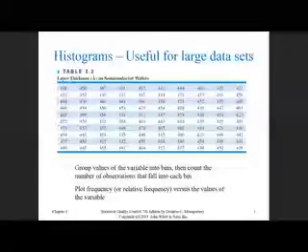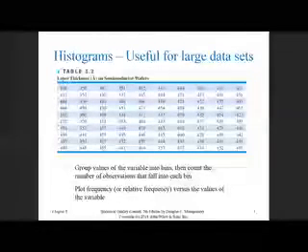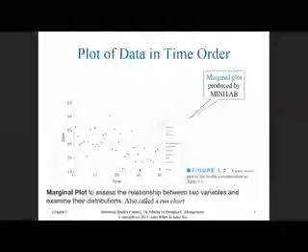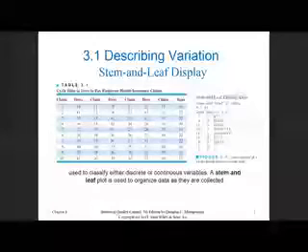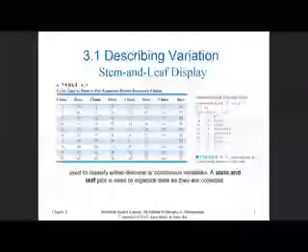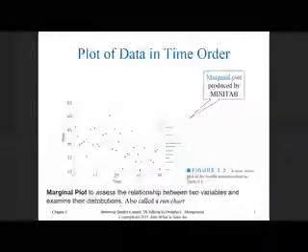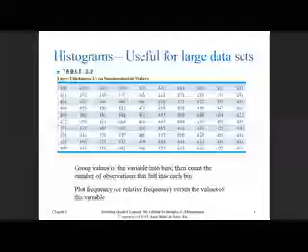The histogram is useful for large data. The histogram was mentioned in the previous tools when we talked about stem and leaf. We said if you flip this horizontally, you will see a histogram shape. Also here in the plot data, the histogram tool is presented.